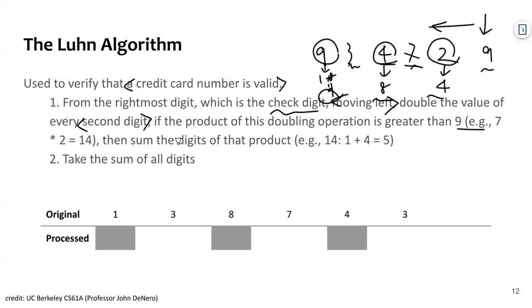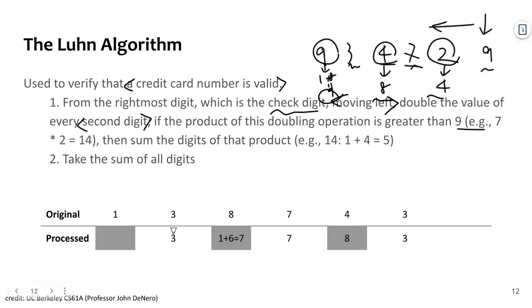For the first digit, we're just going to let it remain 3, right? And when we encounter 4, because it's on the even position, we're going to double it. And 7 remains 7. 8 is going to be 16. However, it's larger than 9, so we sum these digits, so it's going to be 7.